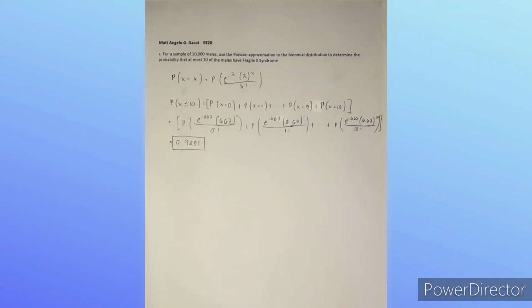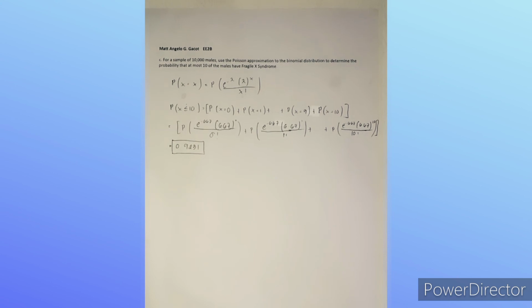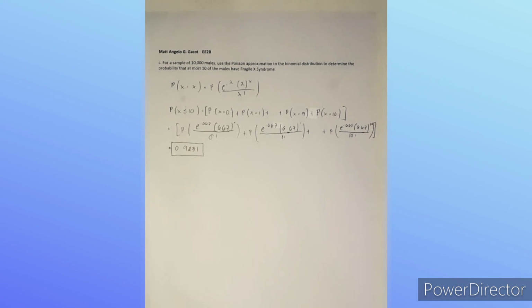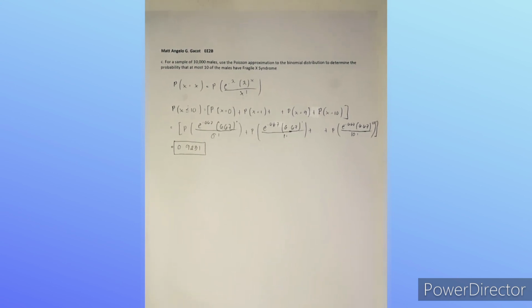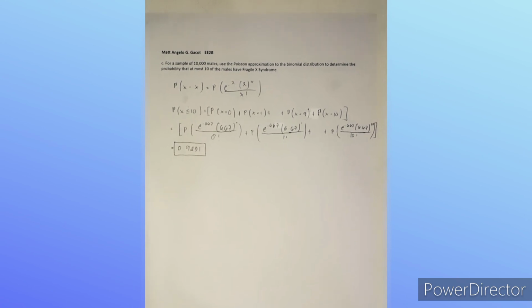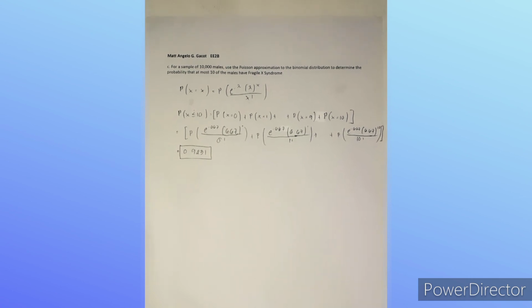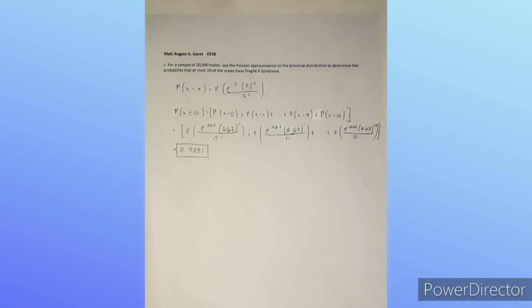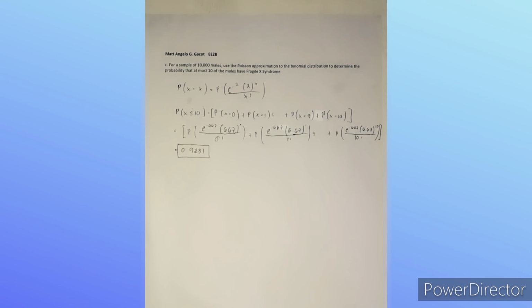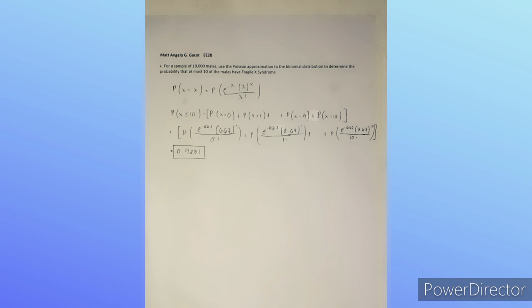So for letter C, for a sample of 10,000 males, use the Poisson approximation to the binomial distribution to determine the probability that at most 10 of the males have Fragile X syndrome. So P of X equals e raised to negative lambda times lambda raised to X over X factorial.